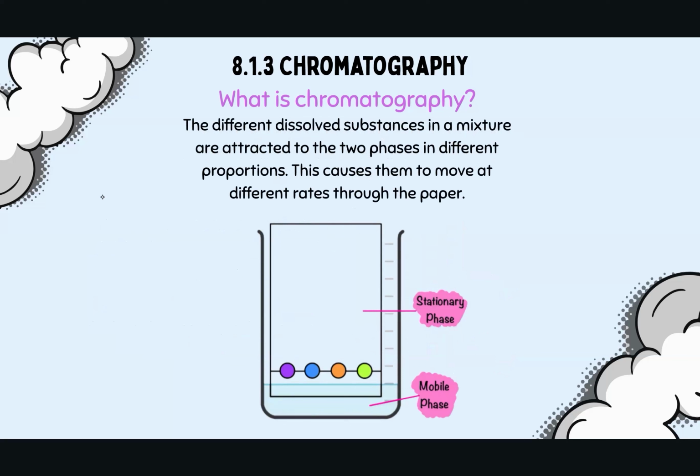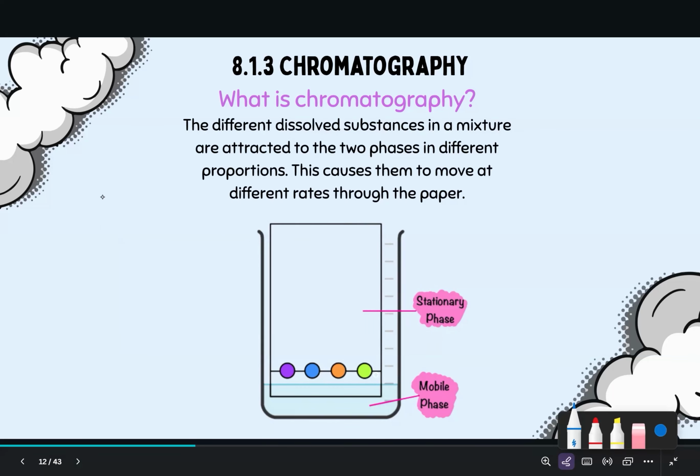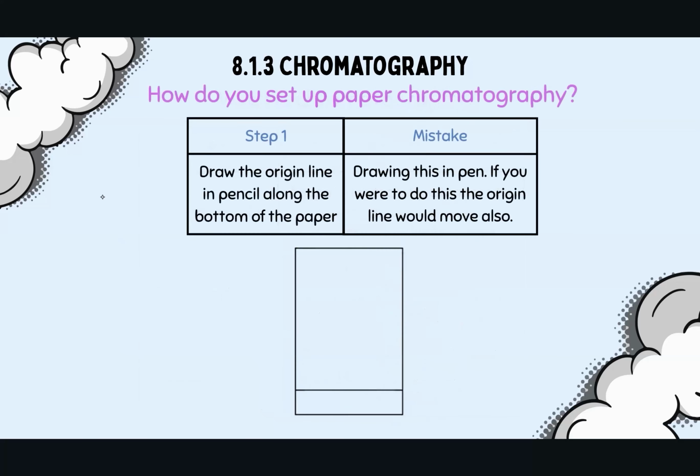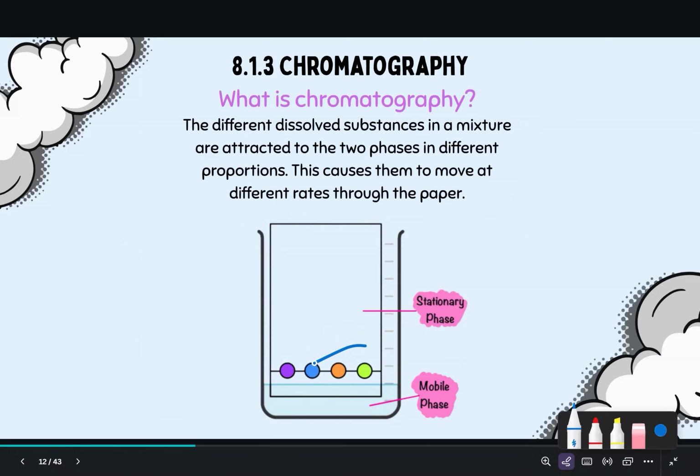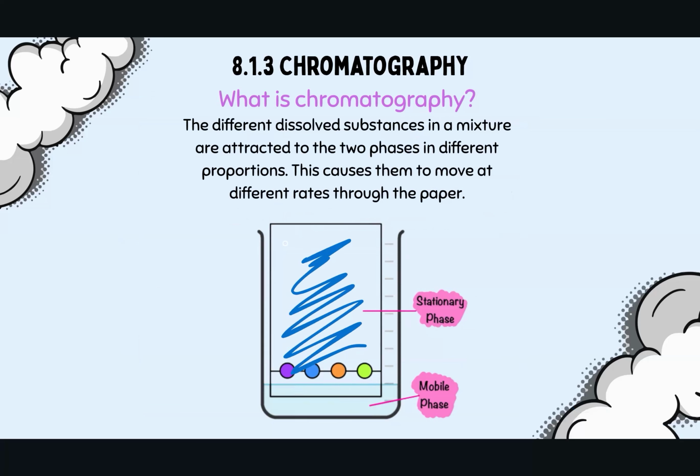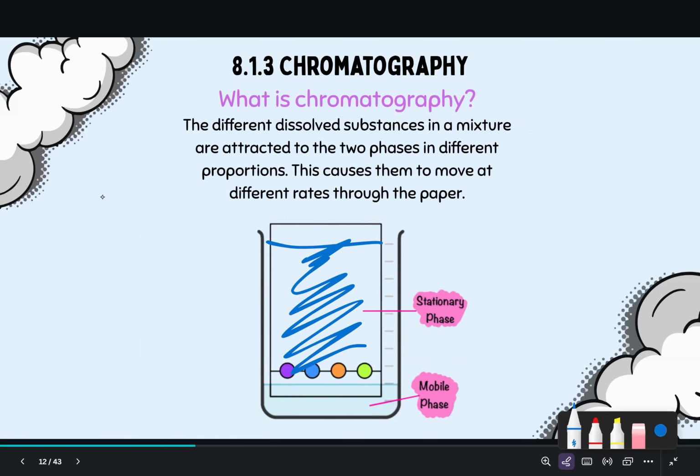So what will happen is the mobile phase will be absorbed by the paper, and as it rises through the paper, the inks that have been put on the pencil line will dissolve into the water and be taken through the stationary phase. Now, if they're more attached to the stationary phase, they won't rise as high. If they're more likely to dissolve in the mobile phase, they'll move higher up.